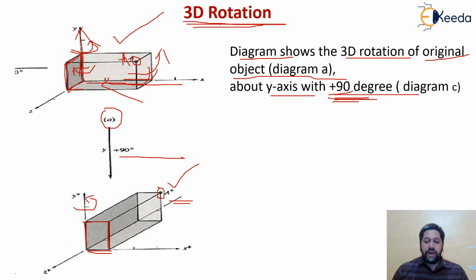The right hand thumb rule gives us the positive angle of rotation, and accordingly we have seen with the help of different diagrams how the object will look if I rotate the 3D object about the x-axis, the y-axis, and the z-axis.